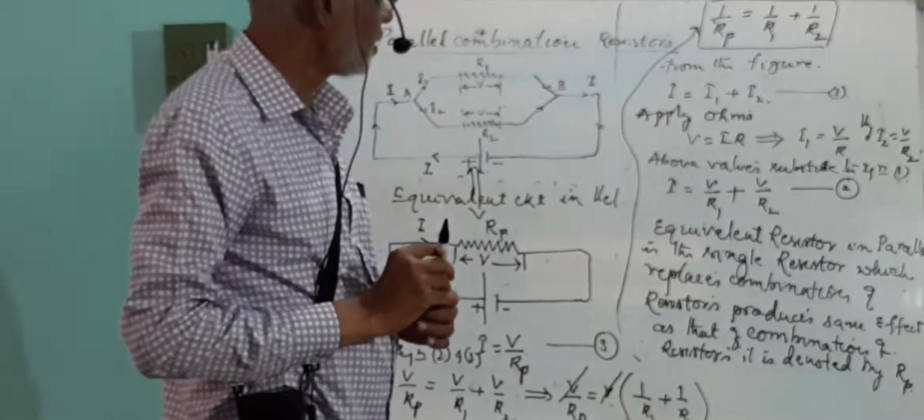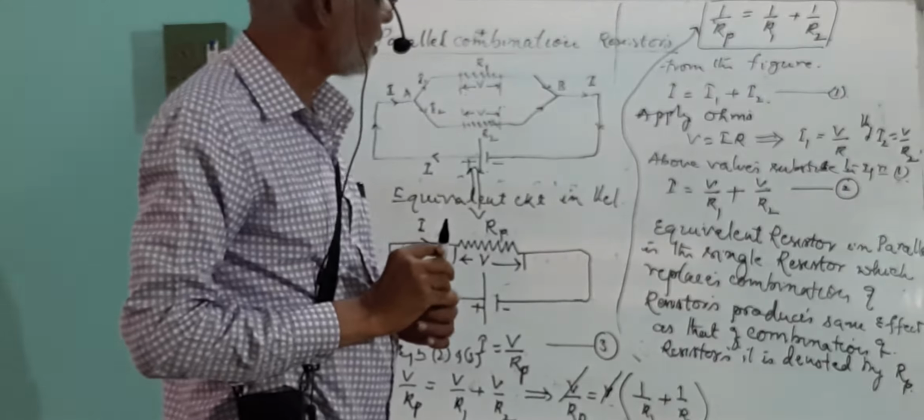Instead of equivalent you can call it effective resistance or total resistance. These are equivalent terminologies. So the reciprocal of effective resistance in parallel combination is equal to the sum of the reciprocals of the individual resistances. This is the law of parallel combination of resistances.